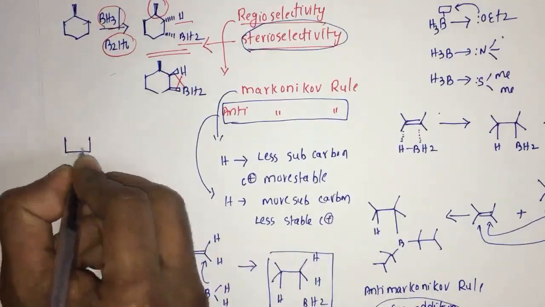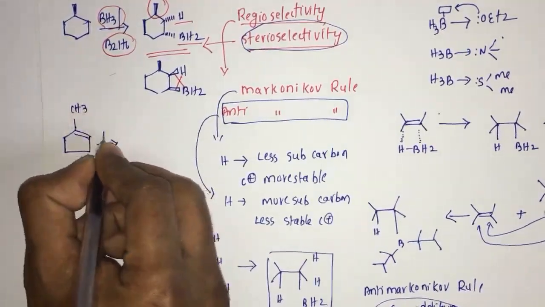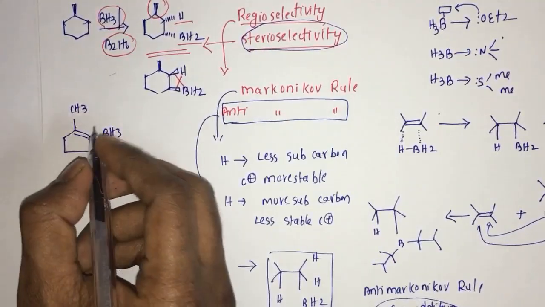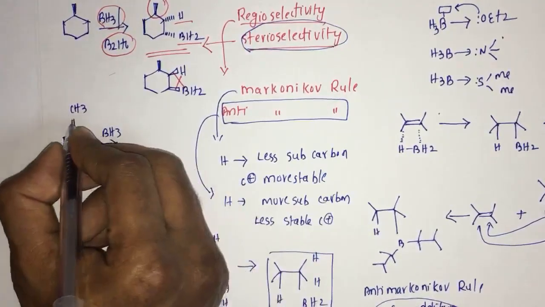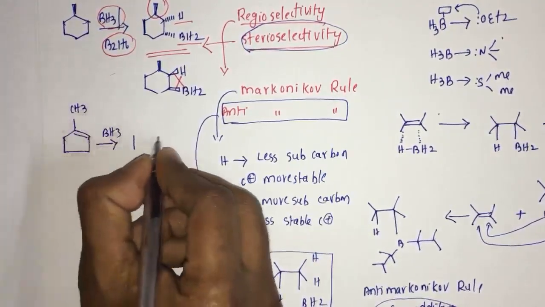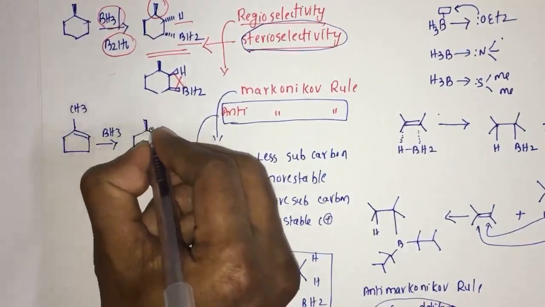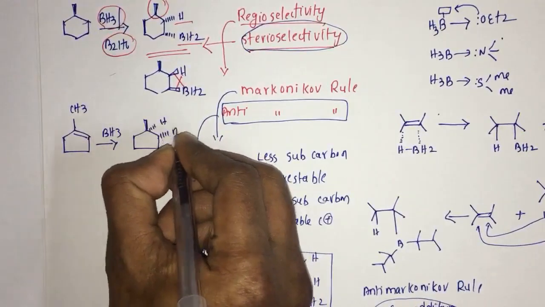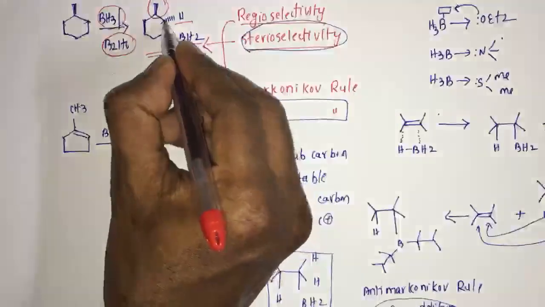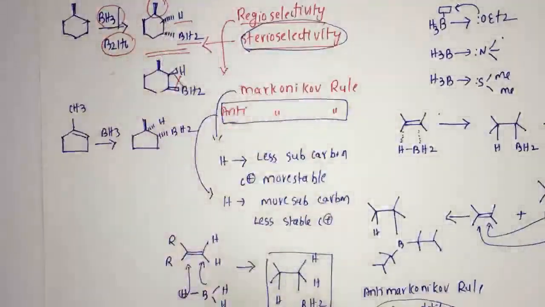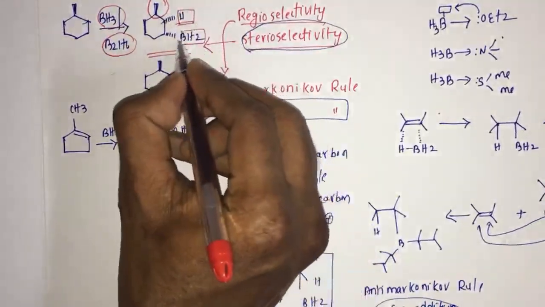We have another example, this one. Here we cannot say above the plane or below the plane because this is an sp2 carbon, so imagine this is above the plane. After hydroboration, hydrogen and BH2 have to be below the plane. Here there is no more or less substituted carbon. Hydrogen attacks here and BH2 attacks this carbon.